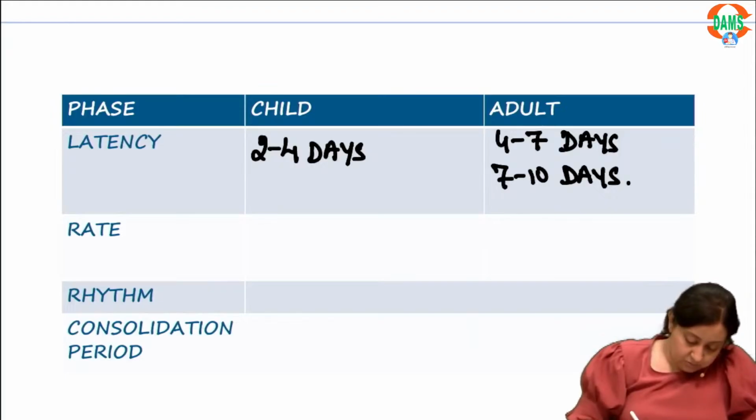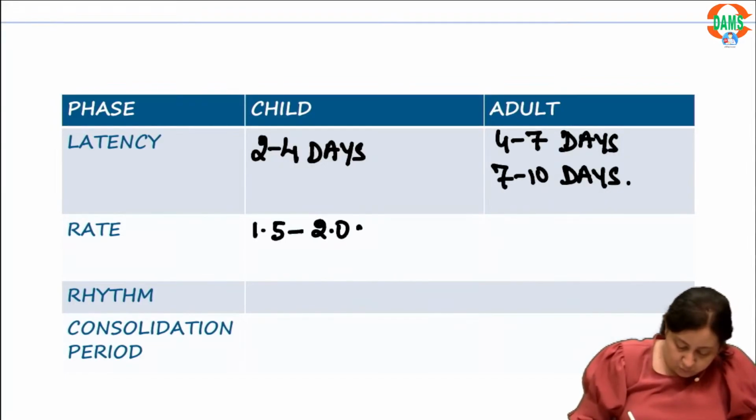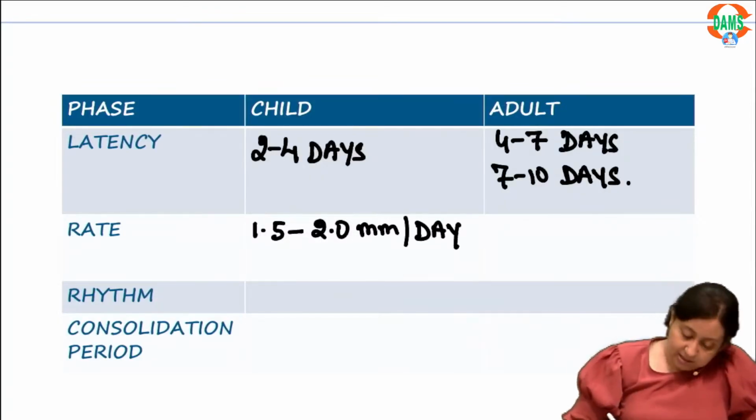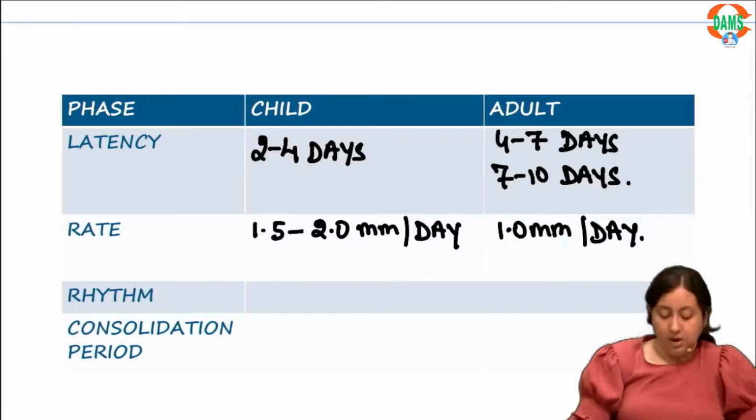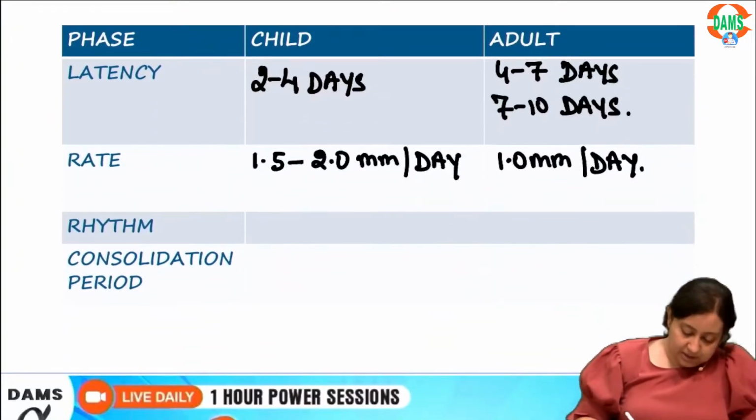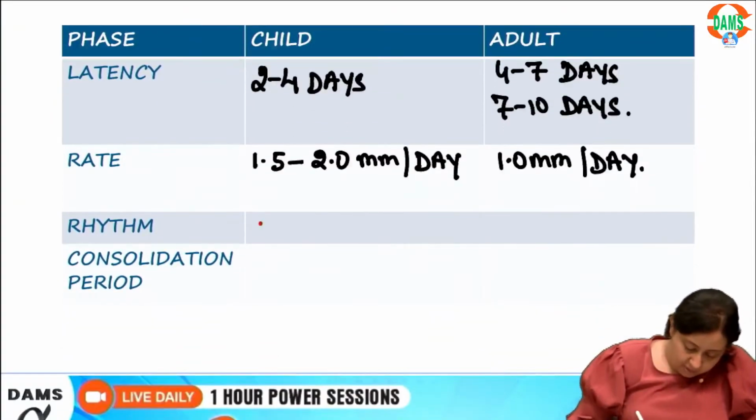The rate of distraction in a child can be 1.5 to 2 mm per day. In adults, it does not exceed 1 mm per day. The rhythm is independent of age.